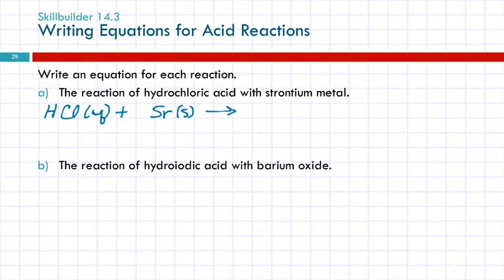So what's going to happen here? When metals react with acids, the metal's going to form a compound with this ion. This is a single replacement reaction. I think of this as, I've told you, I consider the metals to be masculine.